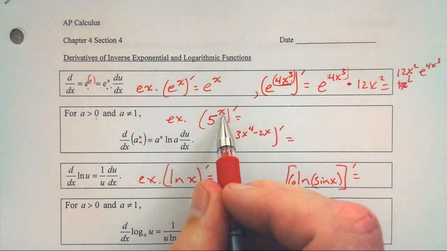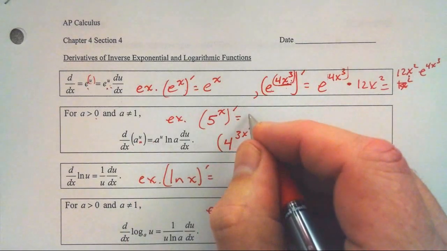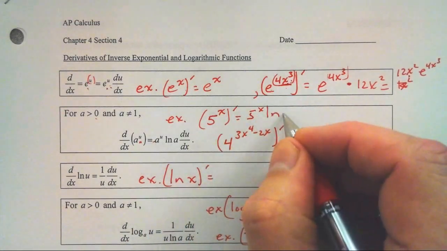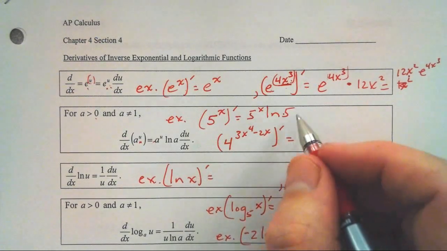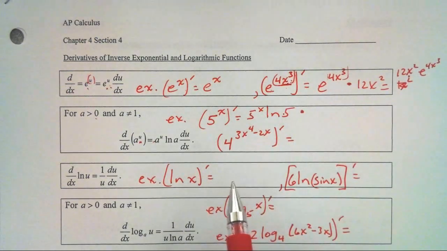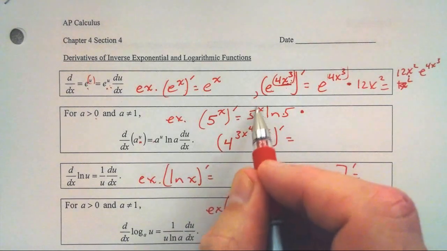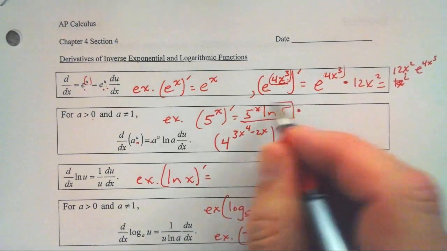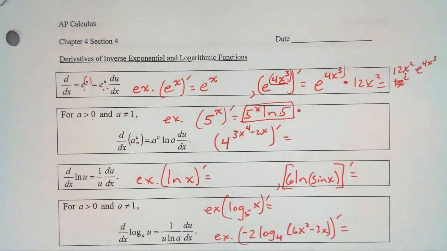So for 5 to the x, the derivative of that is 5 to the x, but we compensate with ln 5, and then we multiply that by our inside derivative, which in this case is just the derivative of x, 1. So our final solution is just 5 to the x ln 5.